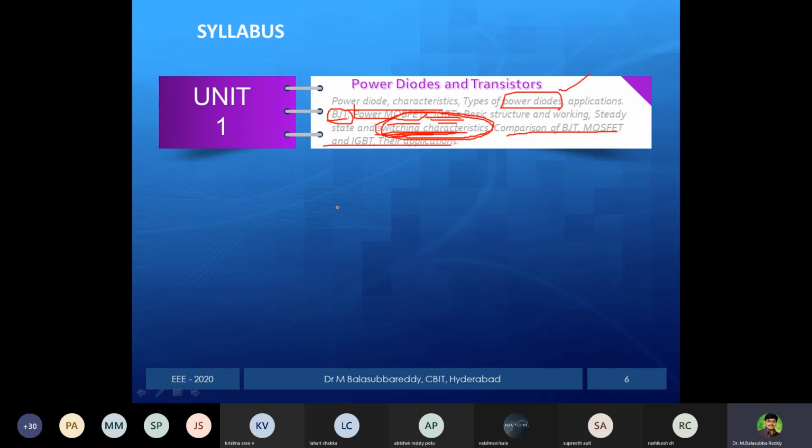What does switching on the device mean? Initially the device is in off state, and we have to turn on the device. That we call the on process. Switch off to on. Once it is on, after some time, after microseconds or milliseconds or whatever time, how long it has to be on and off is decided by our requirement or our application.